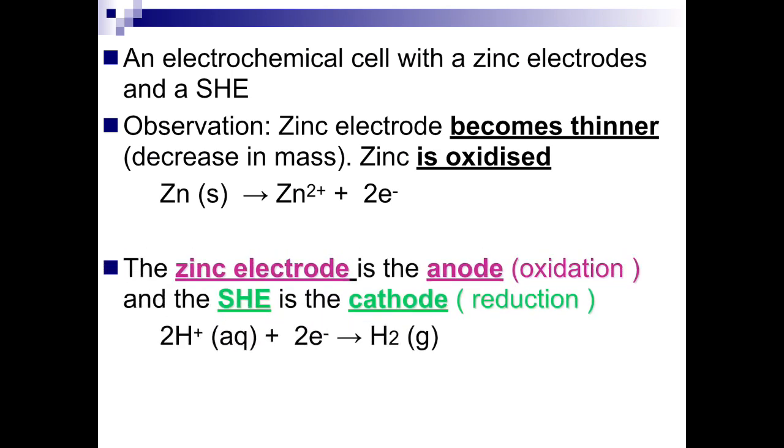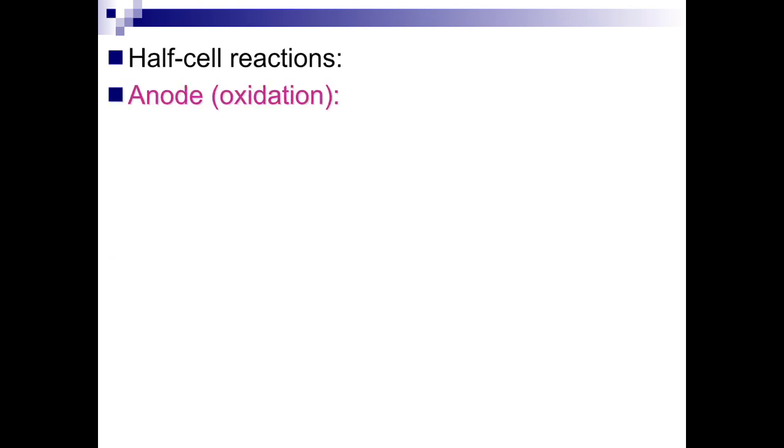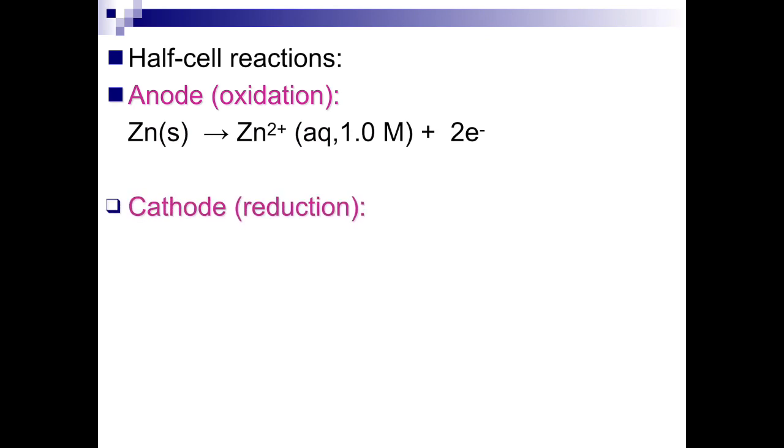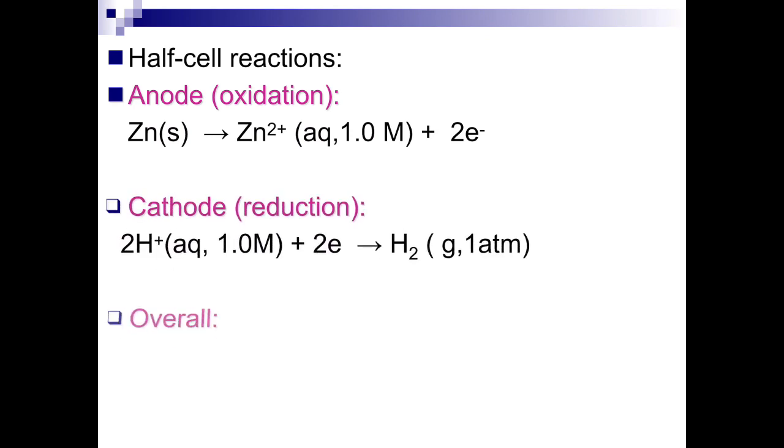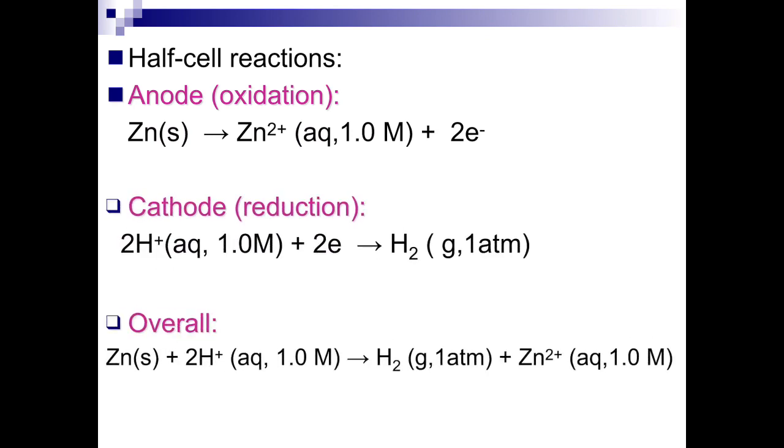Therefore, the zinc electrode becomes the anode and undergoes oxidation, while SHE becomes the cathode and undergoes reduction. The 2H+ aqueous gains 2 electrons and is reduced into H2 gas. We can write the half cell reactions at anode and cathode, including the overall cell equation, as follows.